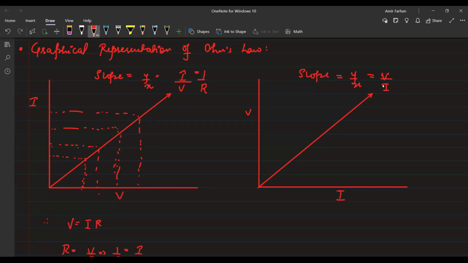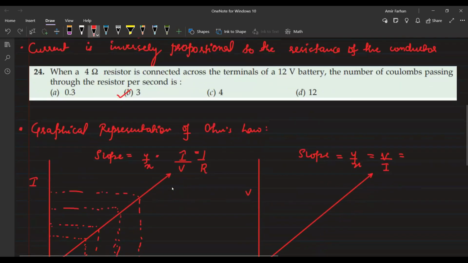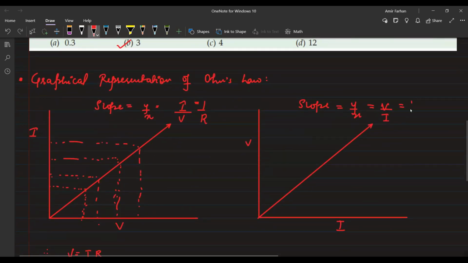I. What is V by I? By Ohm's law, V by I is R, resistance.